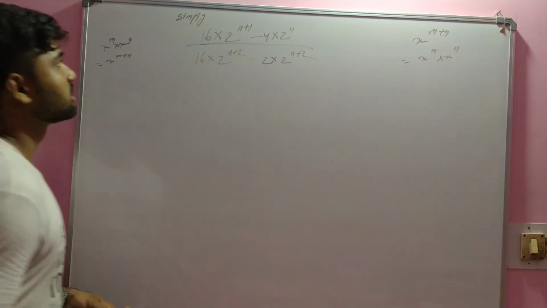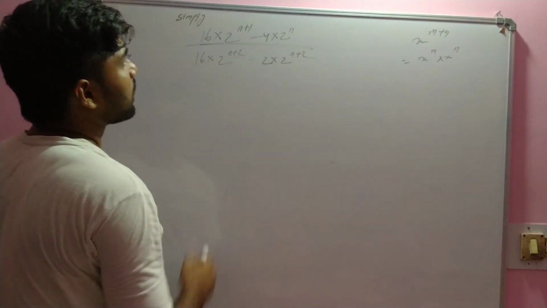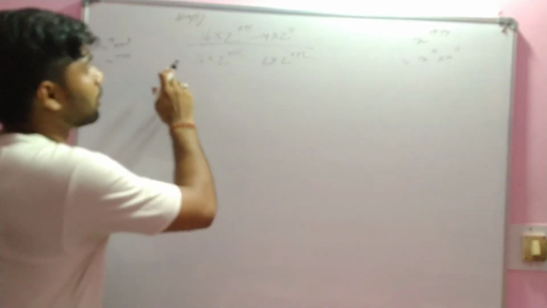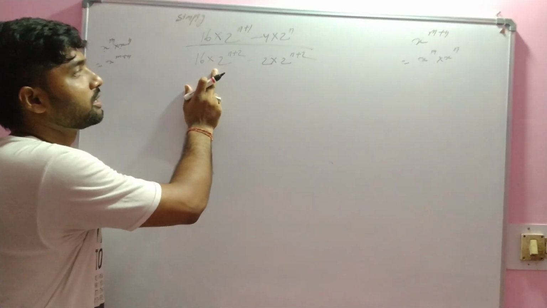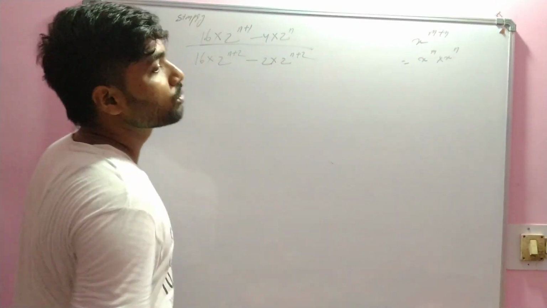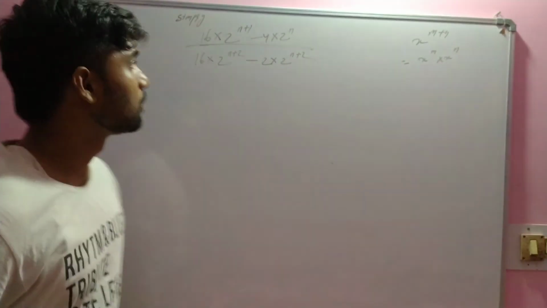Please simplify 16 into 2 to the power n plus 1 minus 4 into 2 to the power n, divided by 16 into 2 to the power n plus 2 minus 2 into 2 to the power n plus 2.